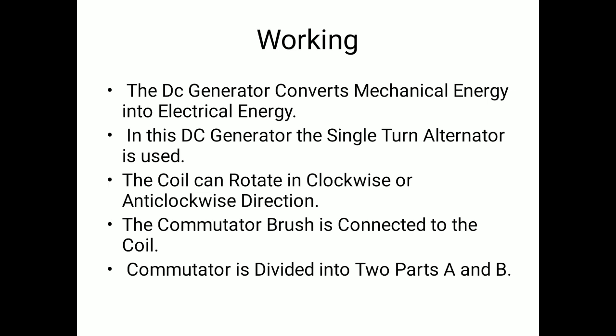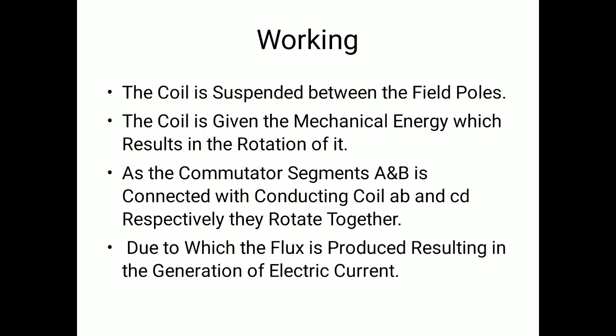The working principle of the generator is that it converts mechanical energy into electrical energy, and then the alternating current is turned into direct current. The coil on the rod rotates in a clockwise or anti-clockwise direction. The commutator brush is connected to the coil. The conductor is located in the changing magnetic field, and then an EMF is induced within the conductor.